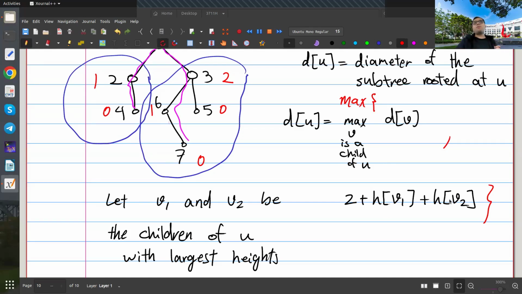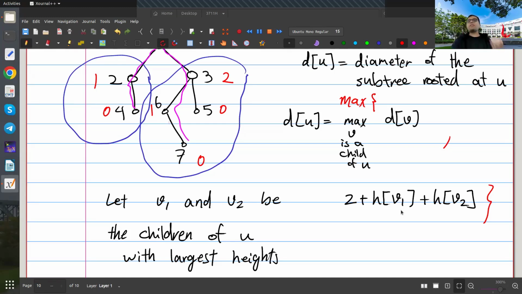It's not actually O(1), because I have to go over all the children, and I have to find the children that have the biggest heights, right? But again, I can just walk over the array of children and look at the heights, and I can always remember not only the highest height, but also the second highest height, right? So that's also going to take time proportional to the number of children of this node, right?